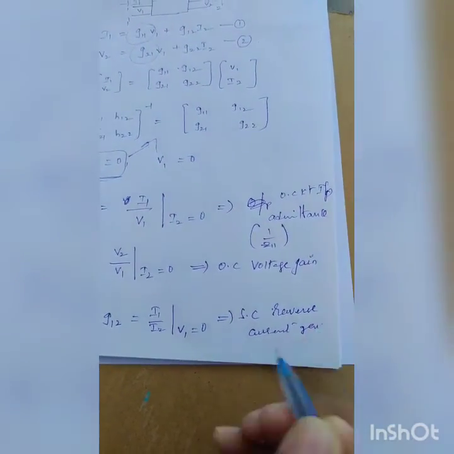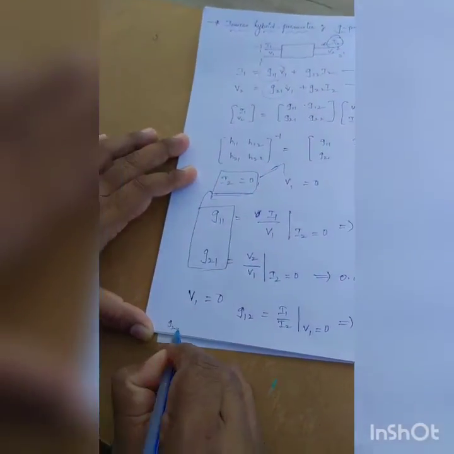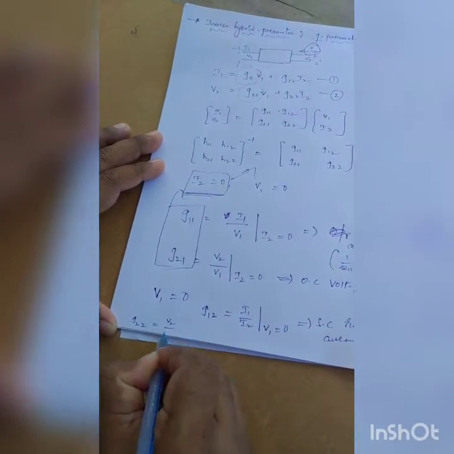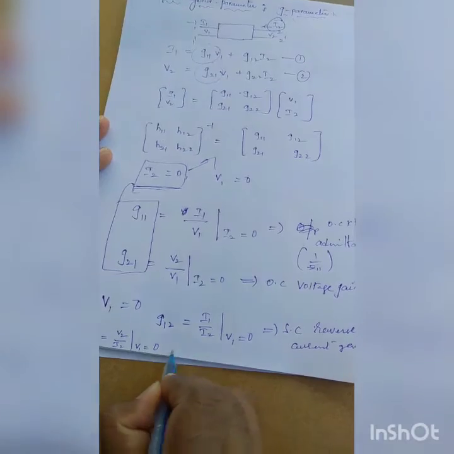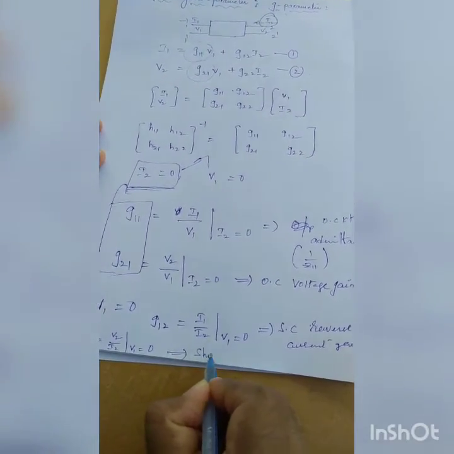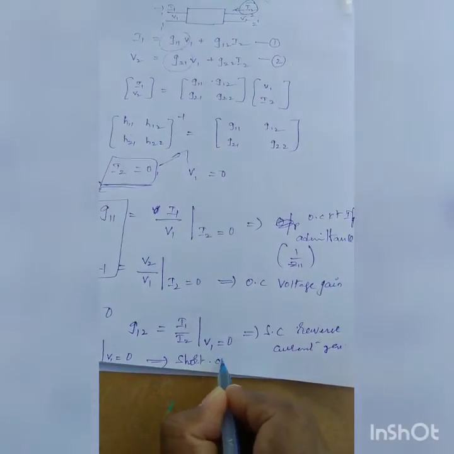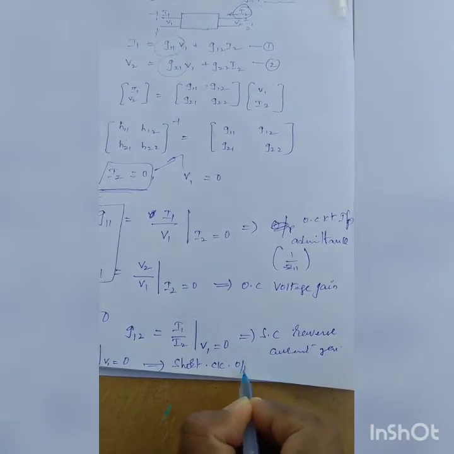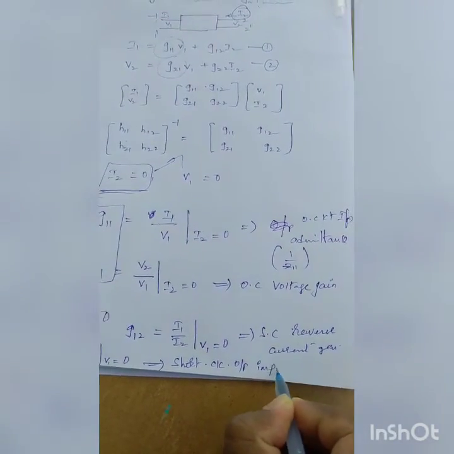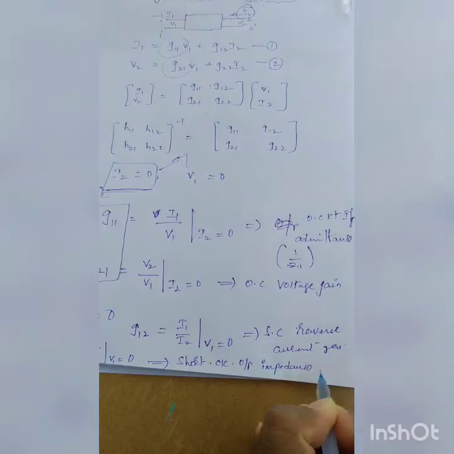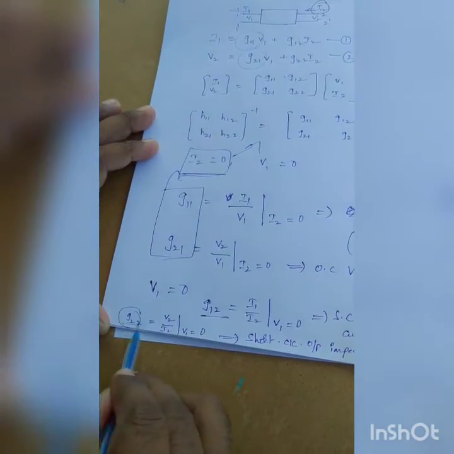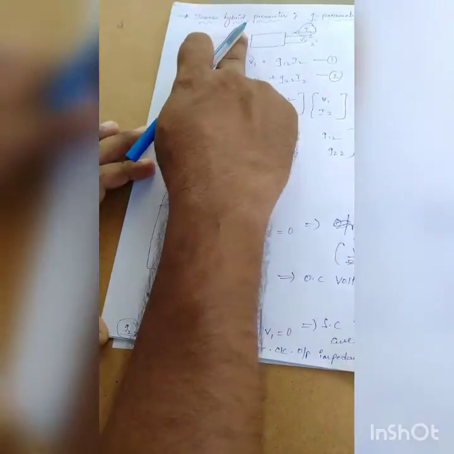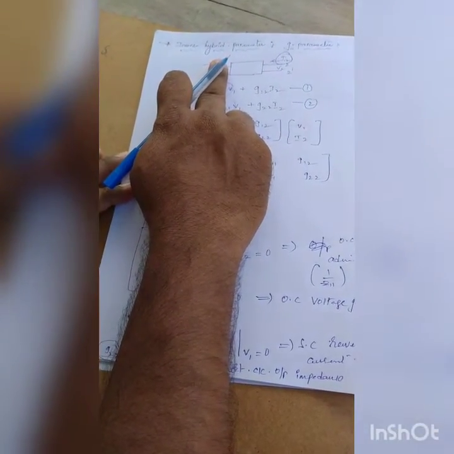And G22 is equal to V2 by I2, when V1 is equal to 0. This is also known as short circuit output impedance. These all, G11, G21 and G12, G22, are called inverse hybrid parameters.